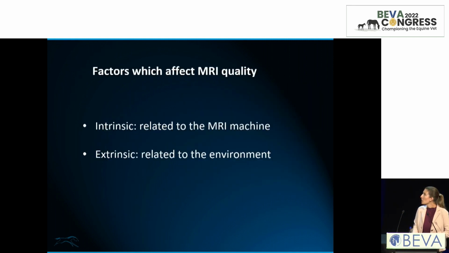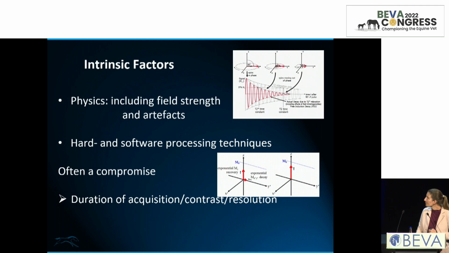So we'll just go through it a little bit. I tried to give these 20 minutes a structure by dividing into intrinsic, so machine-related factors, and extrinsic, environment-related factors. Please don't judge too harshly, because a lot of the factors are blending into both of those groups.